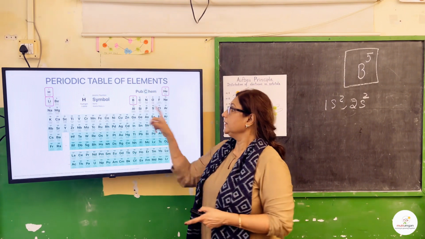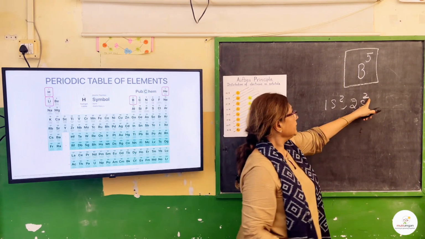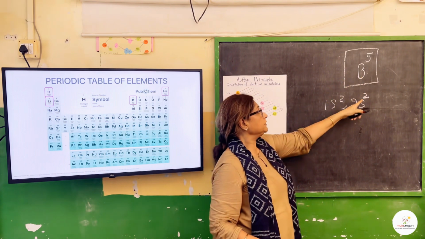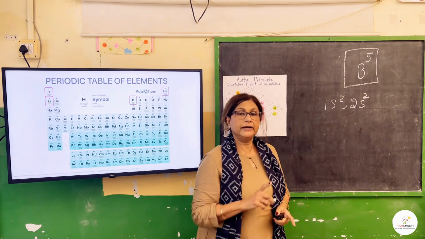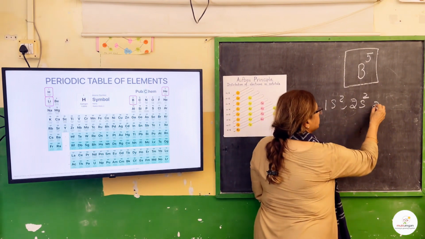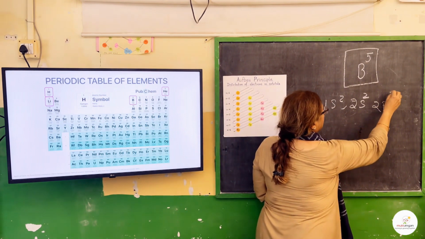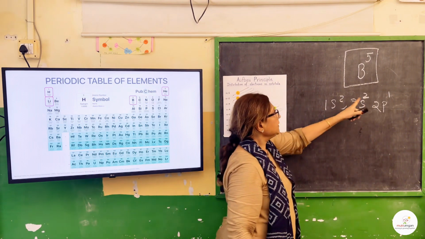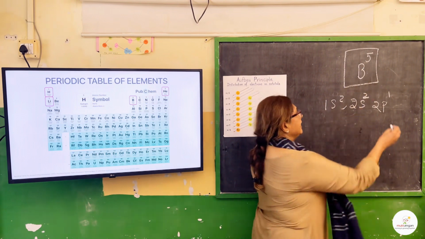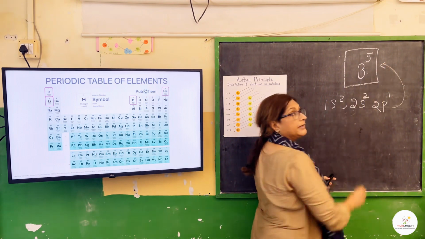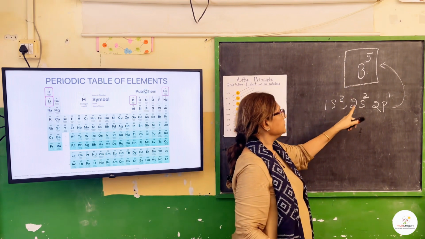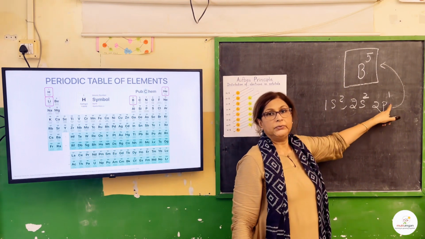So when we have done 2 electrons in the S block, there is still a remaining electron. 2 plus 2 is 4. So how many extra electrons do we have here? That is 1, which will go in 2p, and that is 2p1. So 2 plus 2 plus 1 is 5. And again that matches our atomic number. So the electron configuration for boron will be 1s2, 2s2, 2p1.